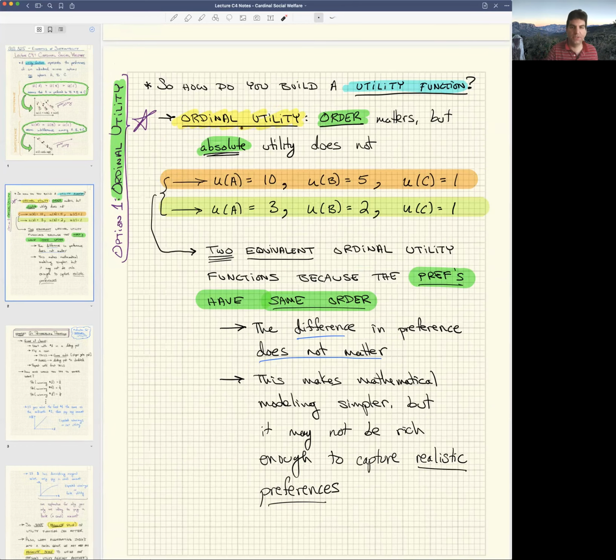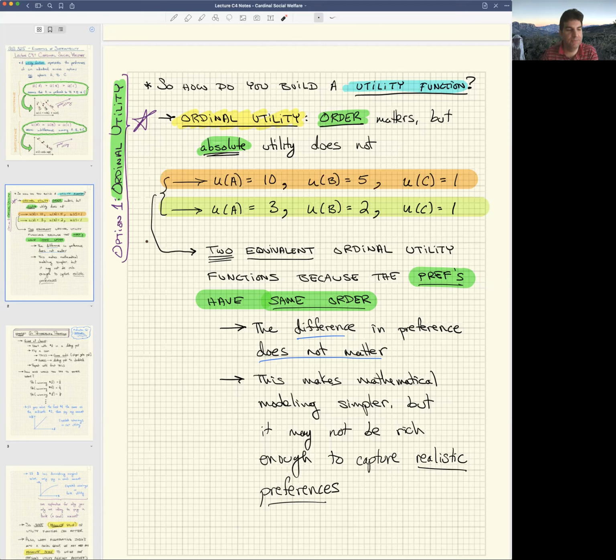You can imagine that there are multiple ways that I could build a utility function that captures preference. And the question people asked very early in modeling people's preferences is whether the actual numbers in the utility function mattered.